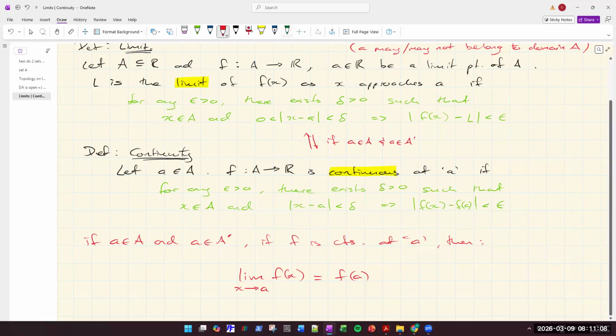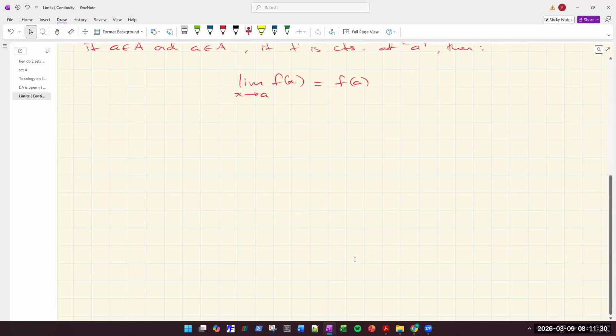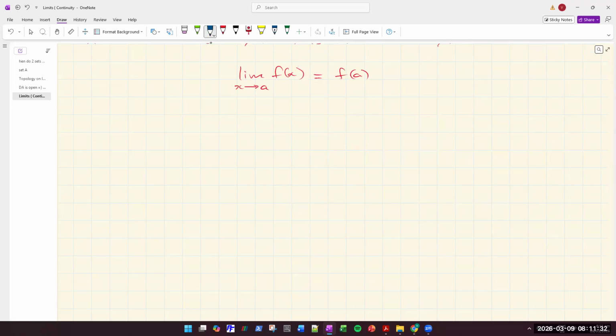Okay, so the first thing we're going to talk about today is what if we do not have this case? So this case is if A is in the domain and it's a limit point. What if A is in the domain, but it is not a limit point? Let's recap this. If A is in the domain, then either A is a limit point or A is not a limit point, right?